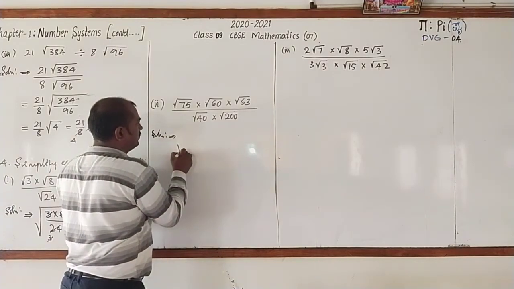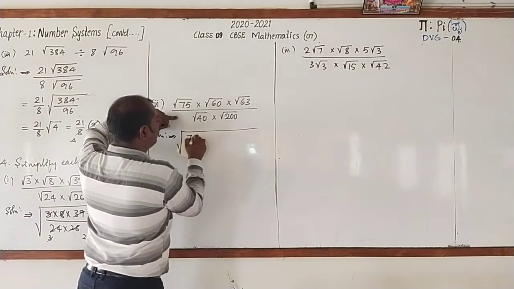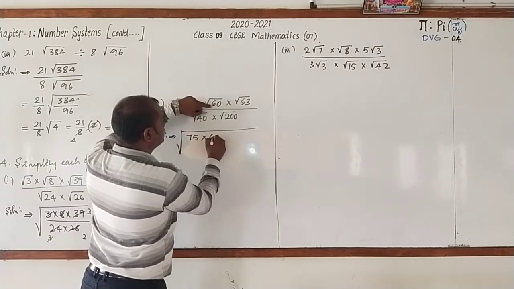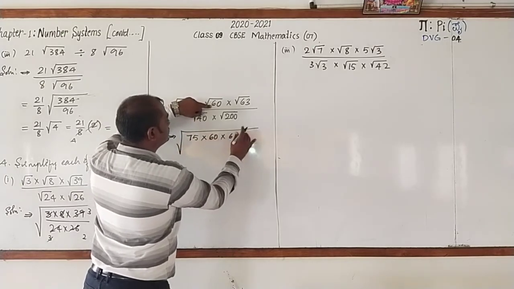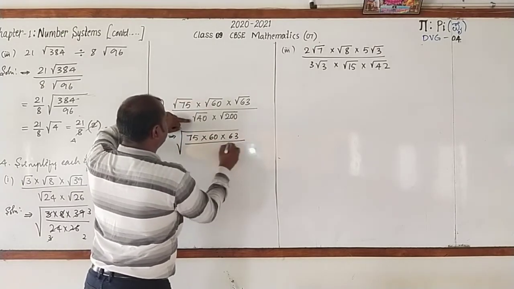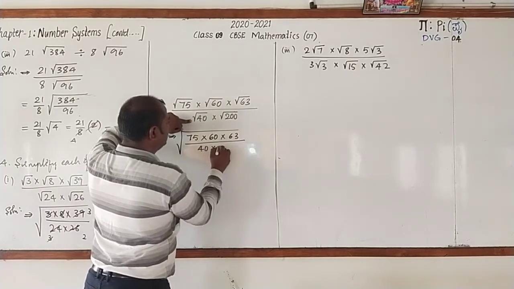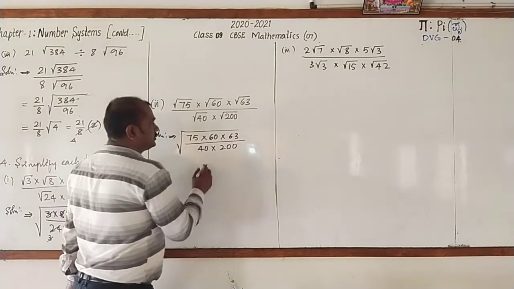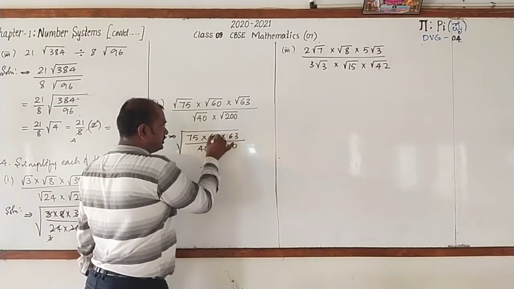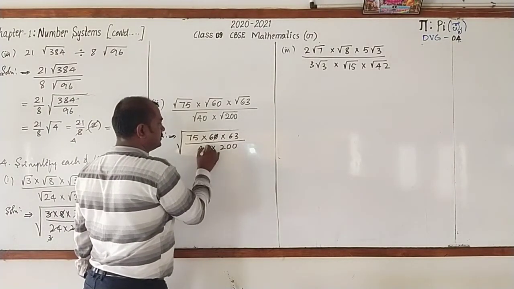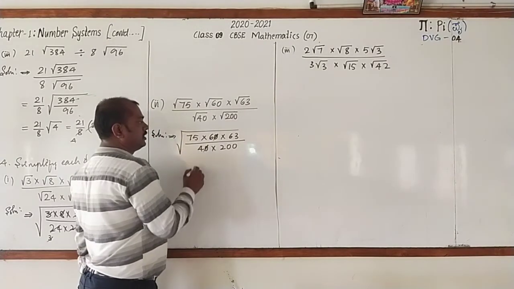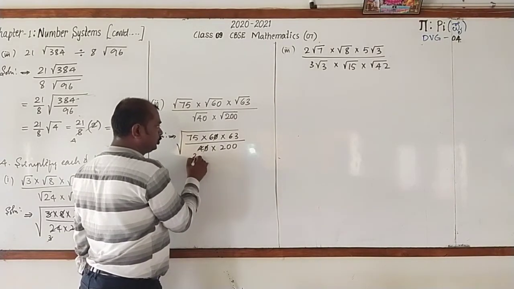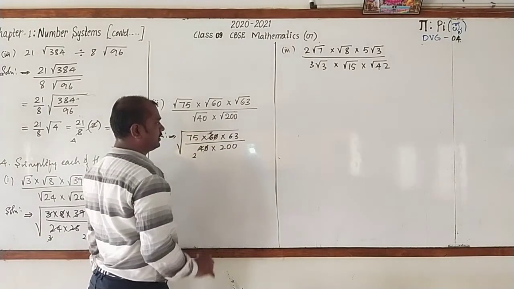Square root of 75 into 60 into 63 whole divided by 40 into 200, right? Now see that here the zeros cancel. Now 2, 2s are 2, 3s are 6.